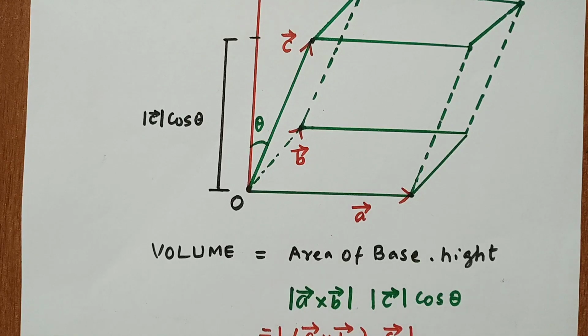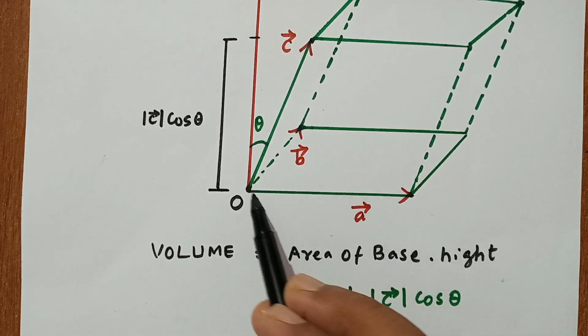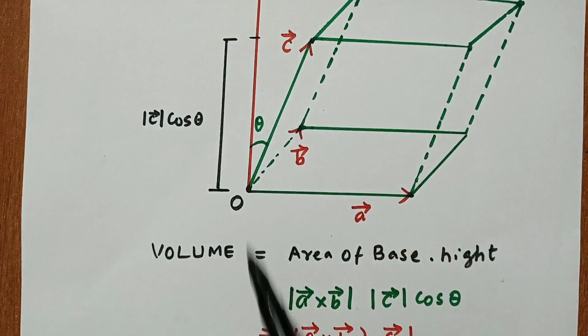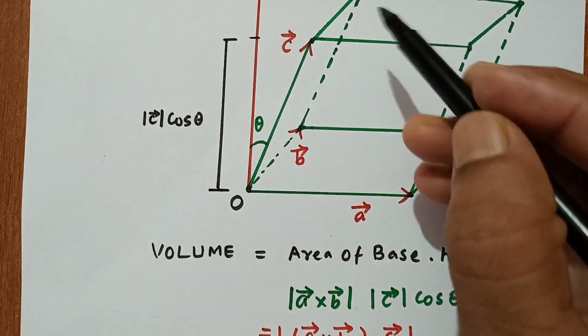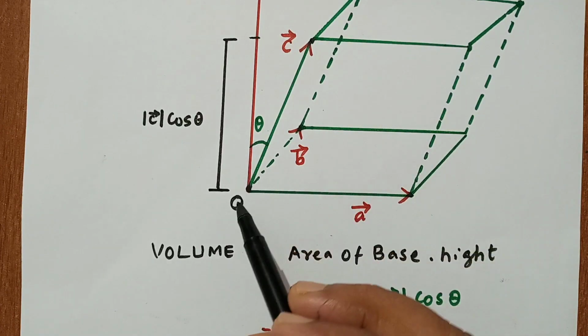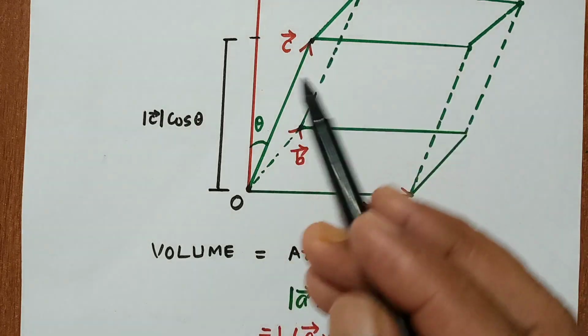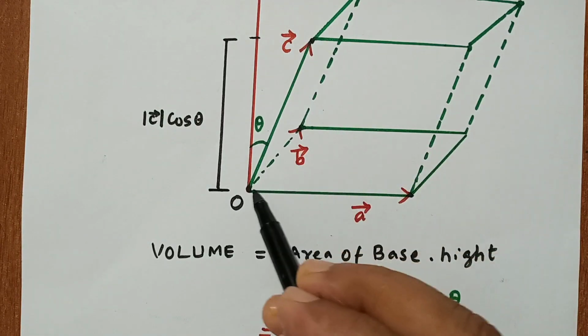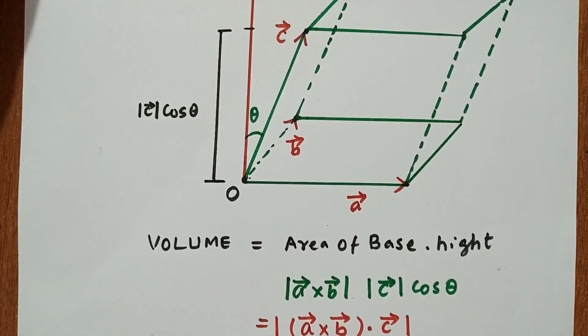Very interesting: suppose these three vectors A, B and C are coplanar. What is coplanar? It means vector C also lies in the same plane.